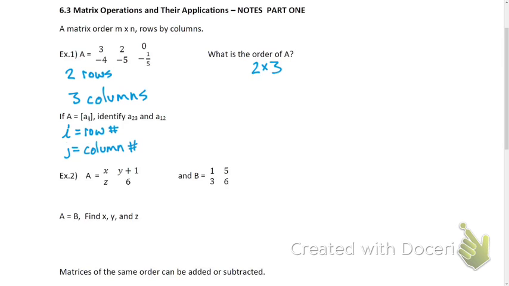So over here when they say A23, they're asking for what element falls in the second row, third column. So look up at matrix A up there, and I go to the second row, third column, we're looking at -1/5.